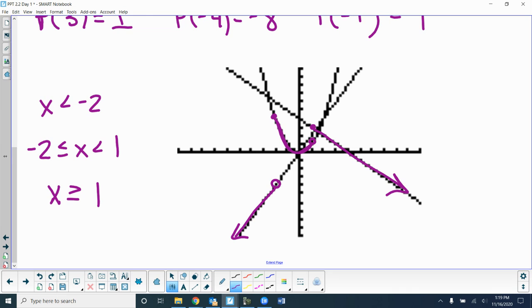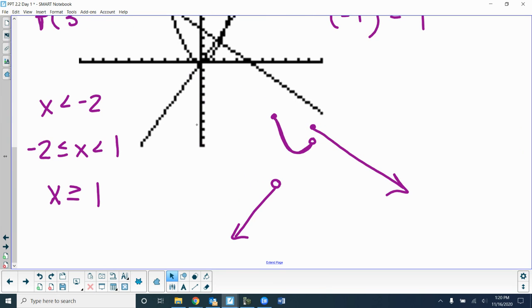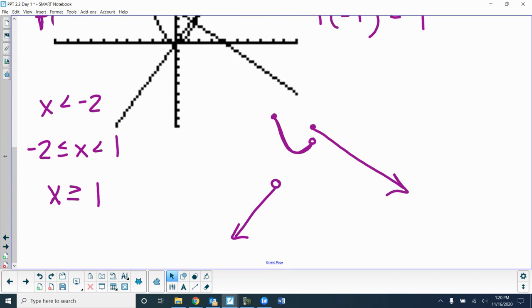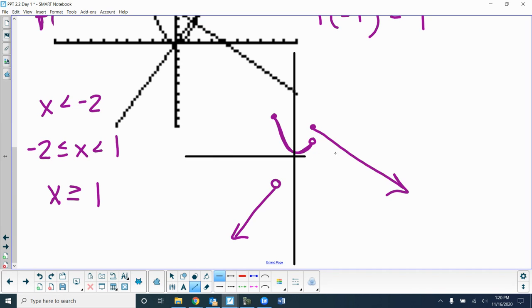That's what that looks like. If we were to take this out of here, and put our X-axis and Y-axis, looking like that. Okay? So just kind of give you an idea what a piecewise graph would look like.